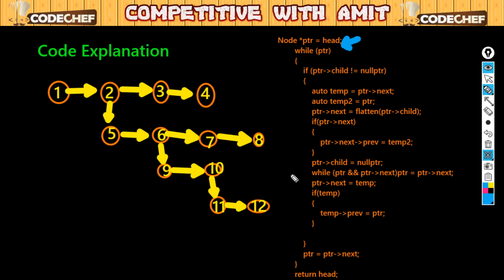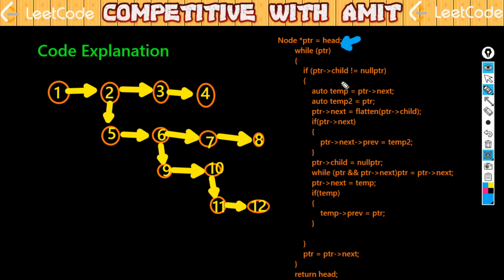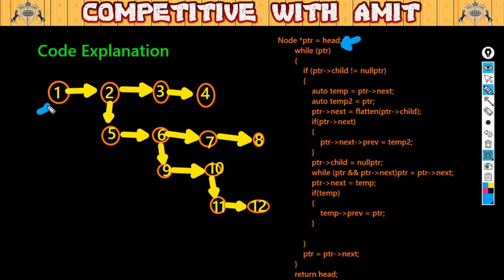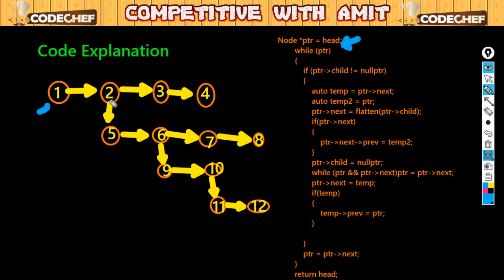Now, the first thing we will check is whether a child linked list is there or not. So in this case, on the first iteration we do not find any child linked list. After that we find one at 2.